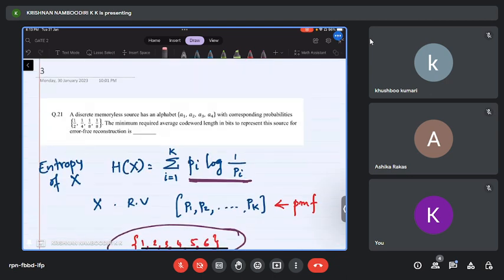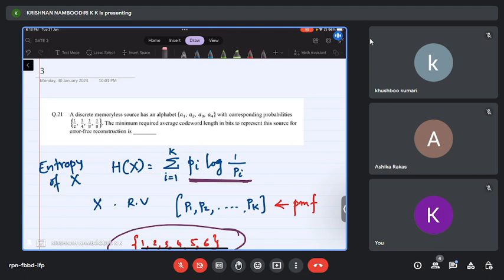Now come to the question. This entropy has a lot of physical meanings. This question is fairly straightforward, but you need to understand that what is asked for is to find the entropy of a random variable. The question is as follows. A discrete memoryless source has an alphabet A1, A2, A3, A4 with corresponding probabilities 1 by 2, 1 by 4, 1 by 8, 1 by 8.